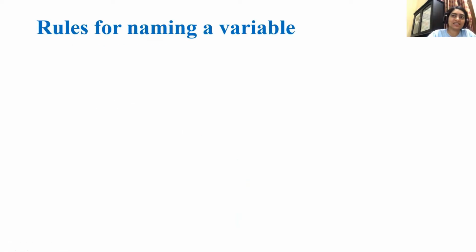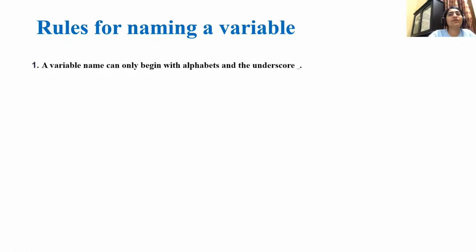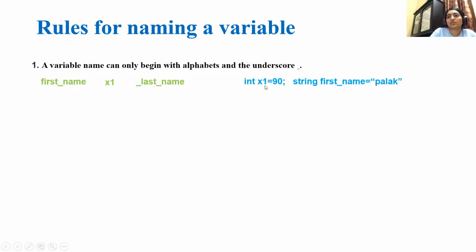Moving on next, there are some rules. Let's quickly see them. What are the rules for declaring a variable? A variable should begin with an alphabet or an underscore. For example, first name, x1, last name. These are the sample syntaxes which I have used. For example, x1 is a variable which is of integer type, and in x1 we are storing 90.